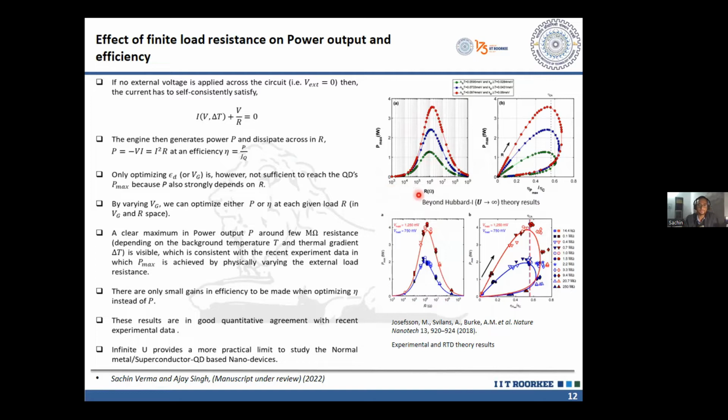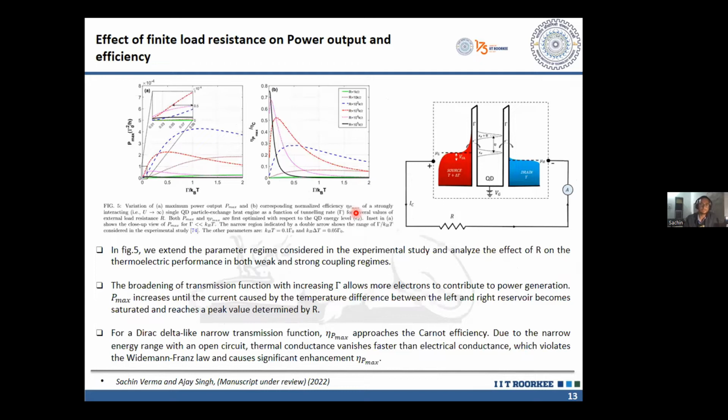And thus one can say that this infinite U provides a more practical limit to study these NQDN systems. And we have submitted this paper recently.